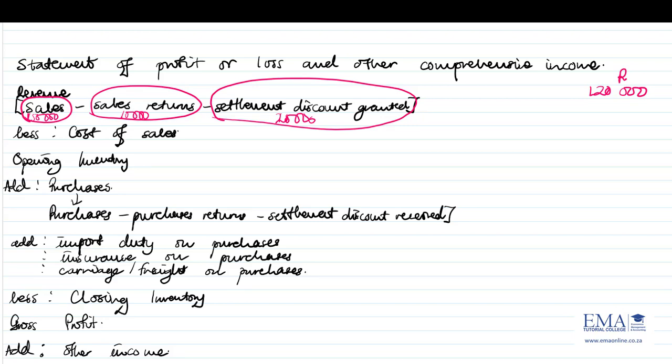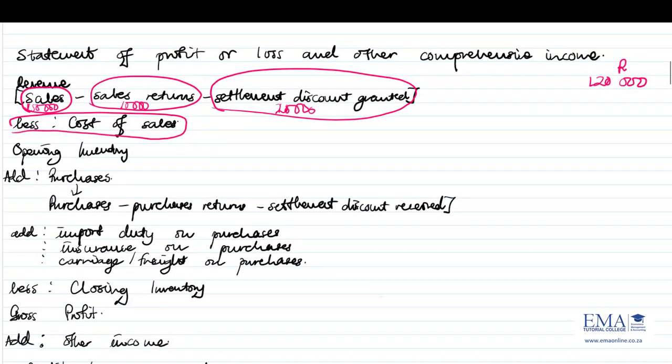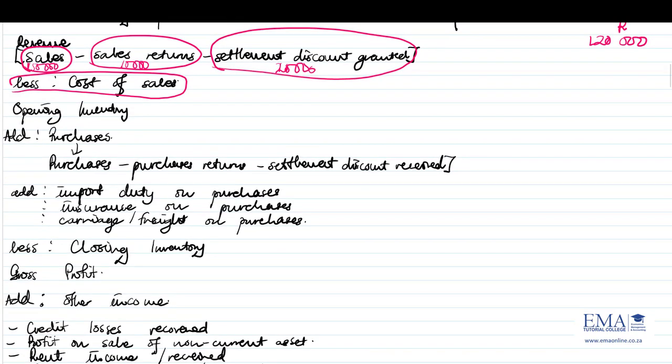Then after that, we subtract our cost of sales, which is the cost of selling. Cost of sales is opening inventory plus your purchases minus closing inventory.